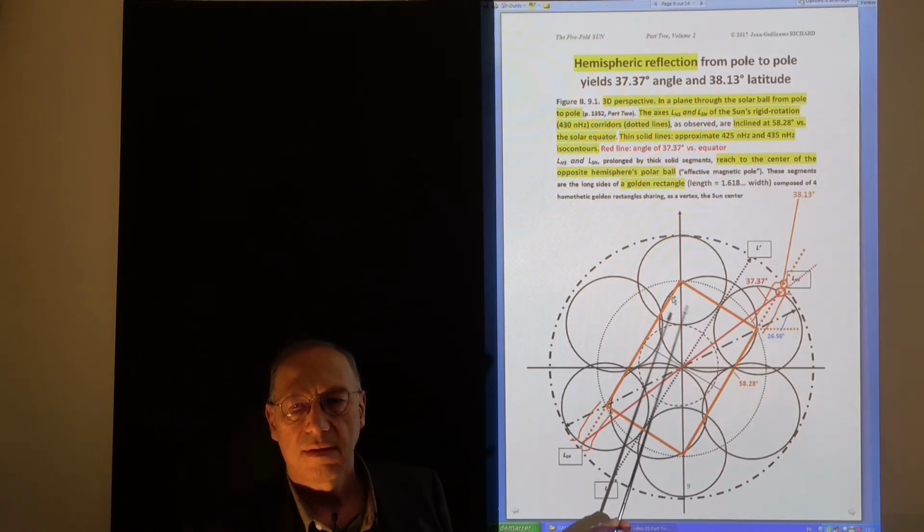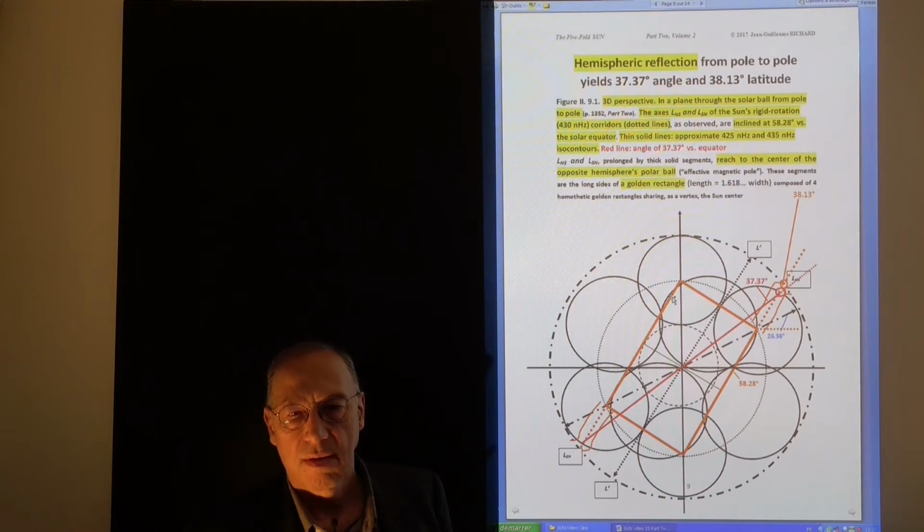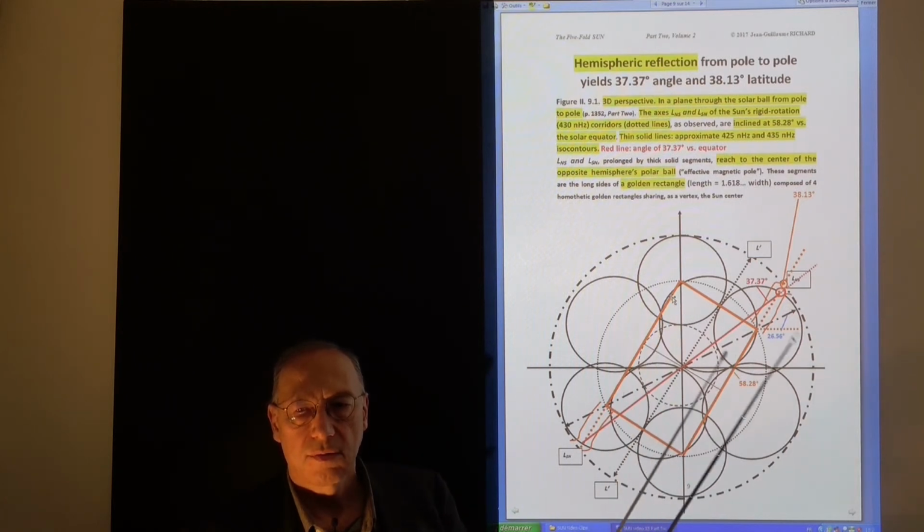What you see in the thick lines, which are colored in orange here, is a golden rectangle which is defined by the four centers of outer balls, the two polar ones, and the two antipodal ones here.